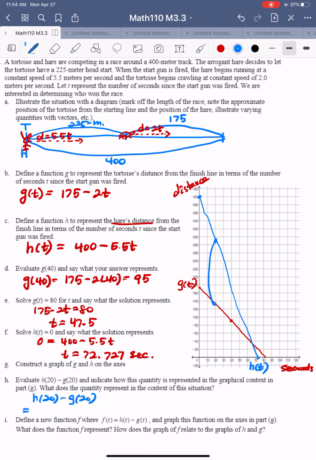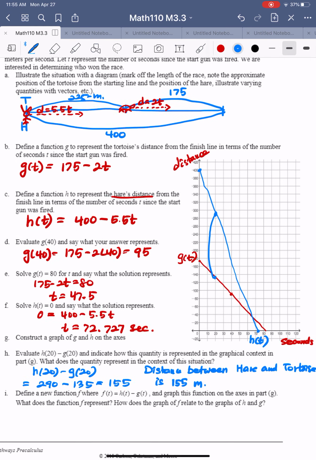When you plug 20 into the h function and 20 into the g function, again 290 minus 135, which is 155, which means the distance between the hare and tortoise is 155 meters.